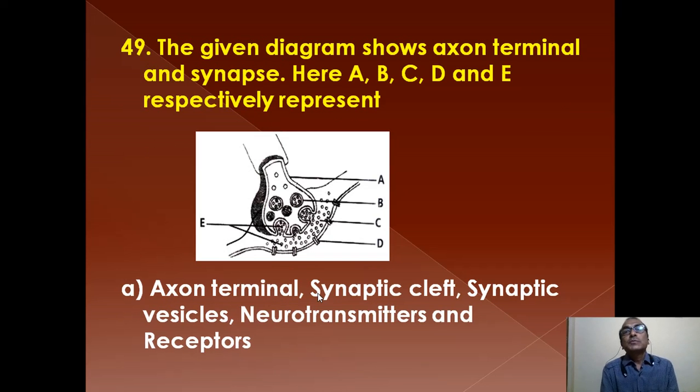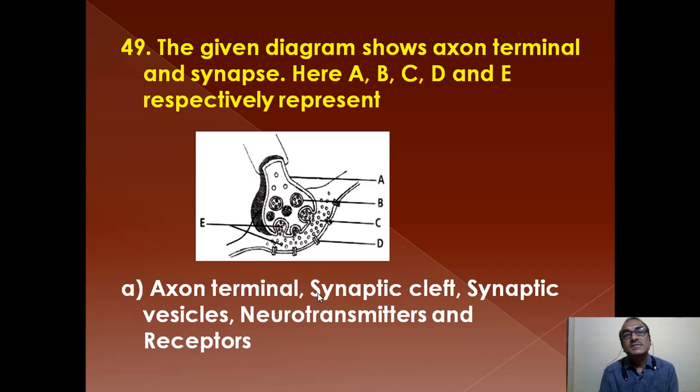The given diagram shows axon terminal and synapse. Here A, B, C, D and E respectively represent. So in this diagram of the synaptic cleft, presynaptic knob and the post-synaptic membrane, all the labelings are given, so you have to find out the correct order. A, that is the axon terminal, you can say.